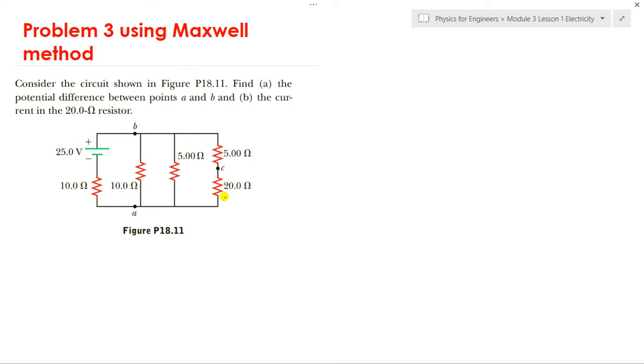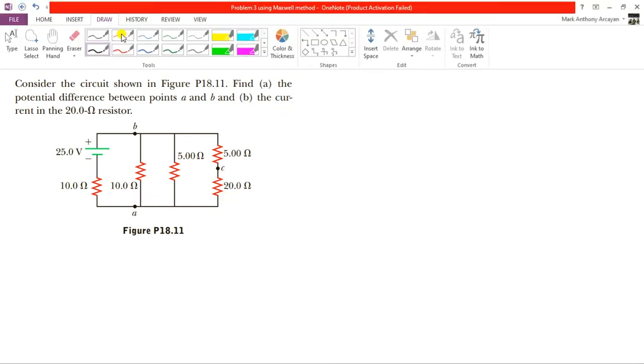But in this case, class, I will introduce the Maxwell method, because this method will shorten the time to solve this kind of problem. But before answering this, I'm going to introduce what this method is all about.